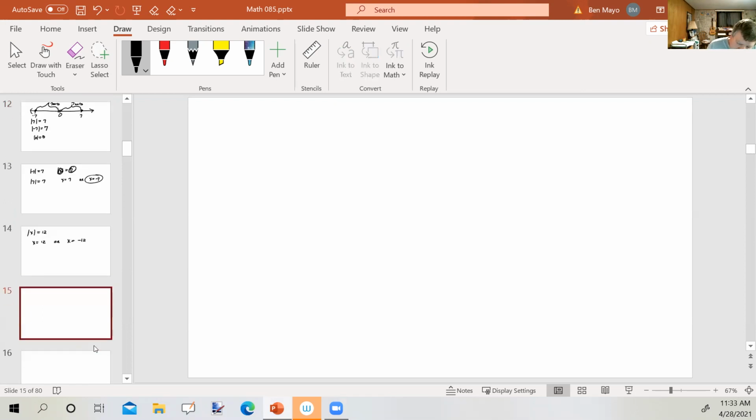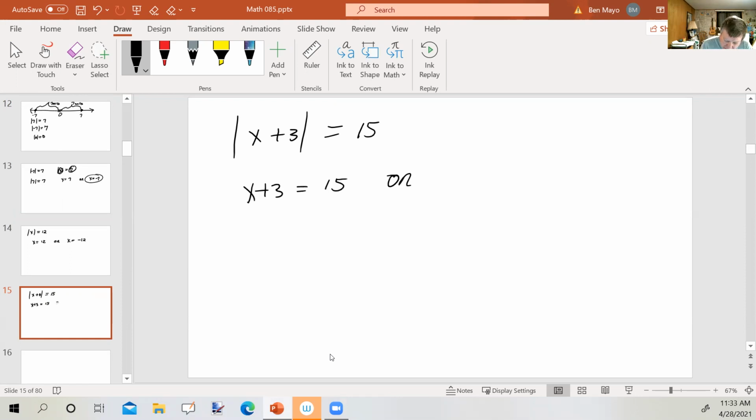Let's extend that further. Let's say we had the absolute value of x plus 3 equals 15. So the quantity inside would have to either equal 15 or it would equal the opposite of 15. If x plus 3 is 15, the absolute value of 15 is 15.